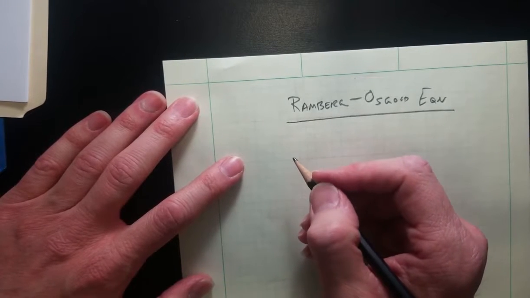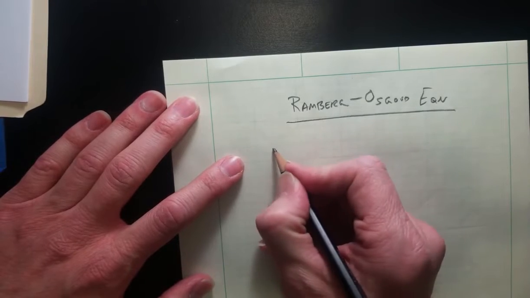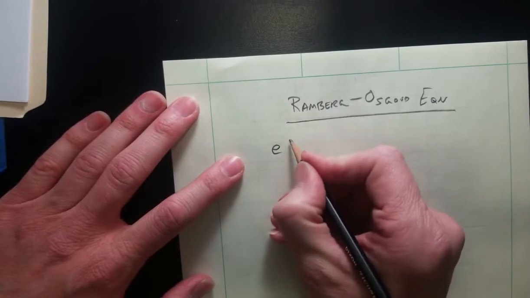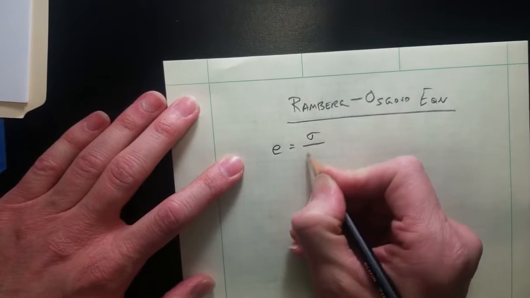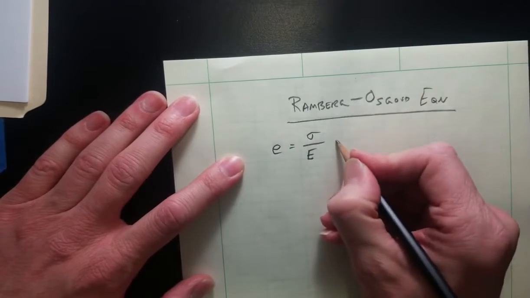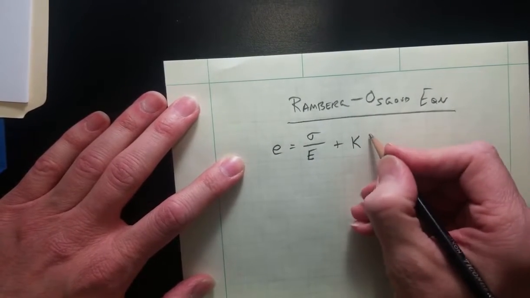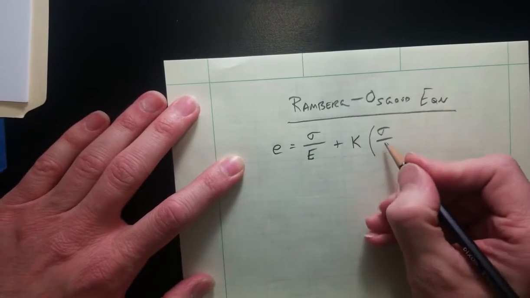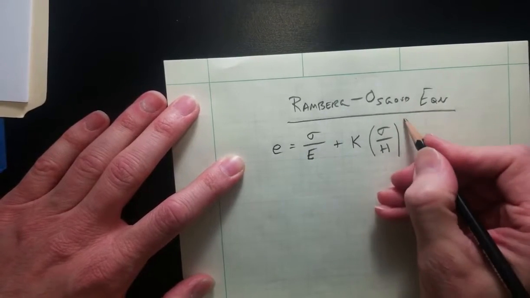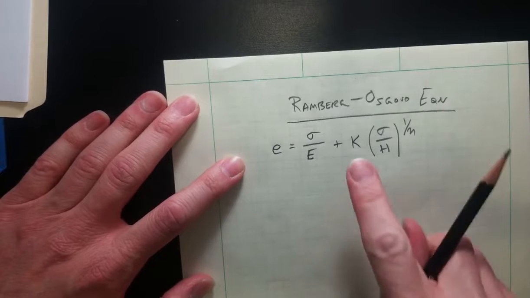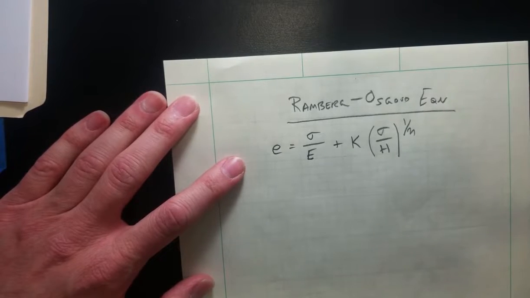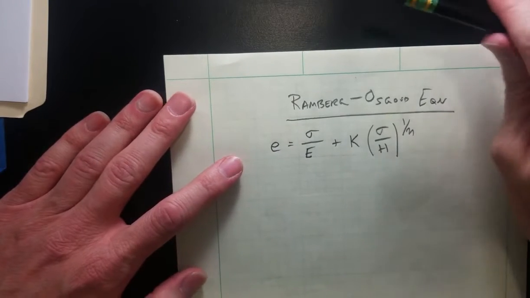And this stress-strain curve, let me write it this way: ε = σ/E + K(σ/H)^(1/n). And this is our Ramberg-Osgood equation.